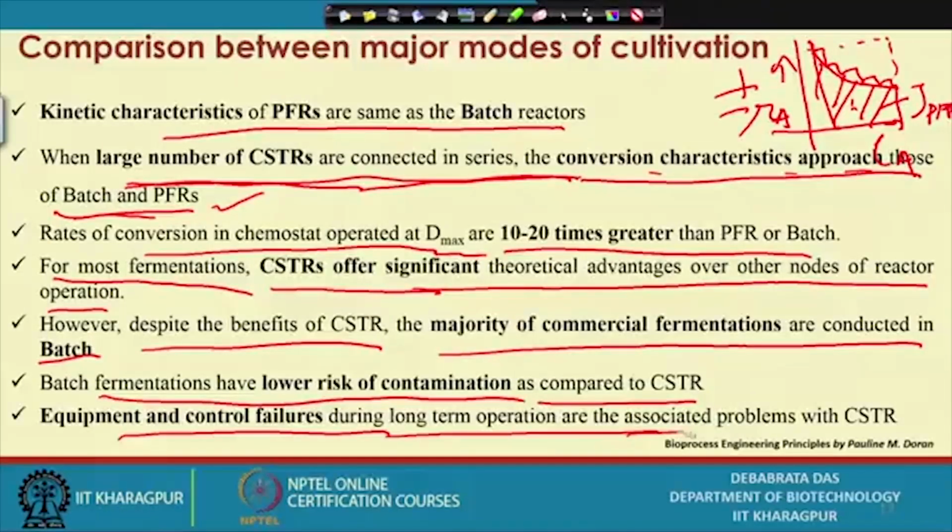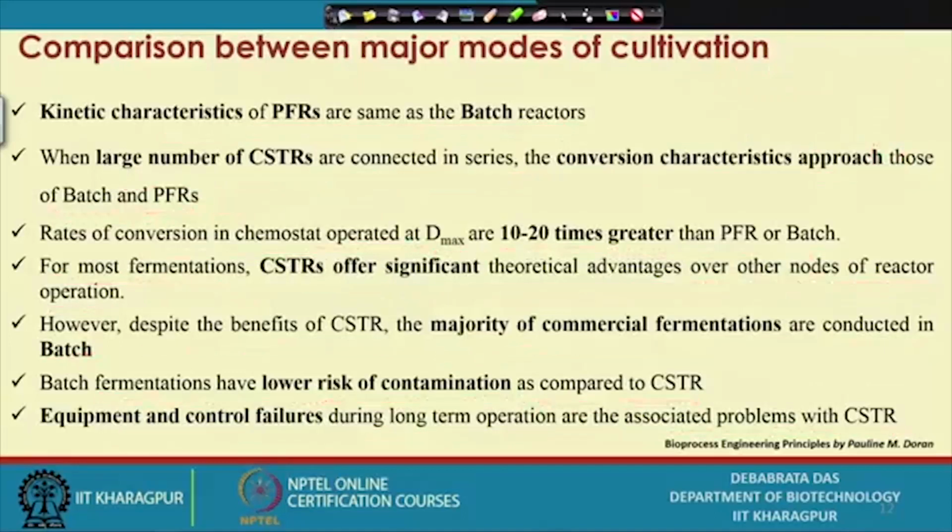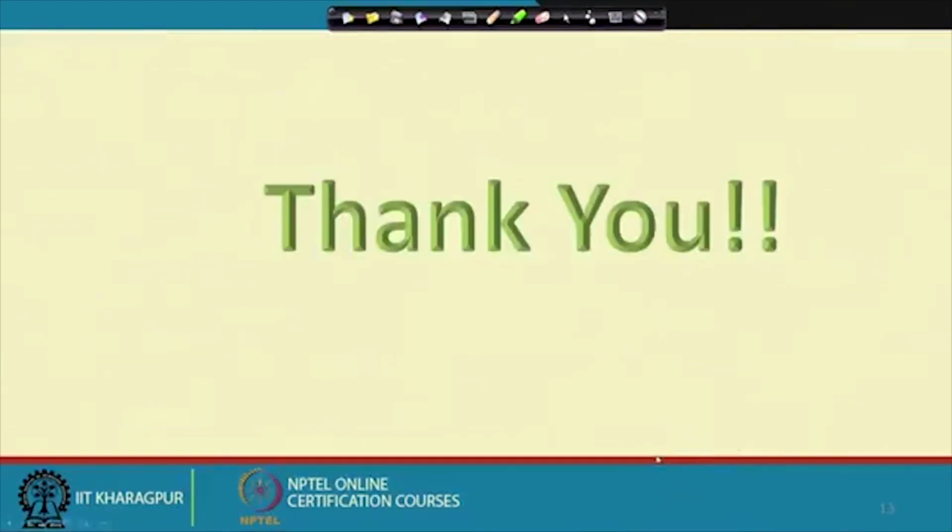Equipment and control failures during long term operations are associated with problems with the CSTR, and these are basically the instrumental controls. If any kind of instrumentation failure occurs, the process is going to suffer. So, these are the several problems we face during the operation of CSTR.